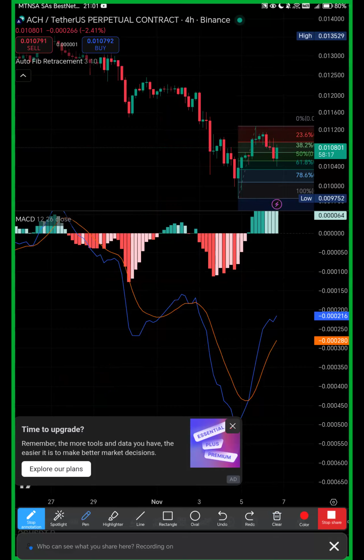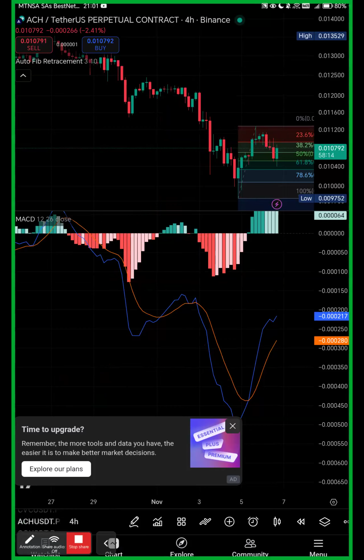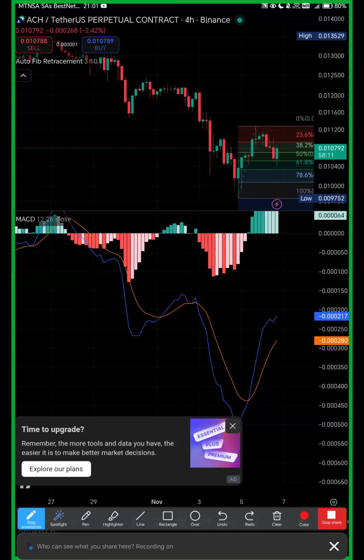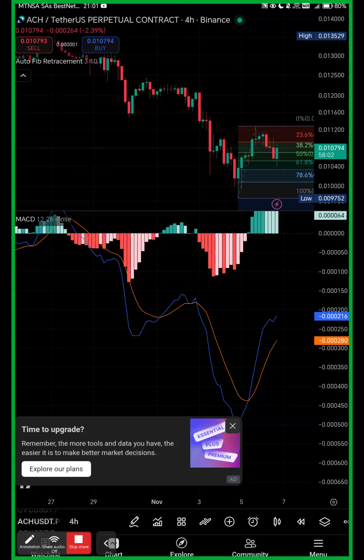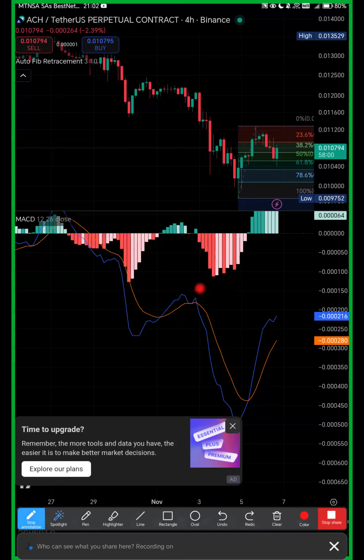These two lines normally cross each other, like I have already said. When this blue line crosses the orange line, which is the signal line, to start moving below it, as you can see here, it was moving below the orange line.